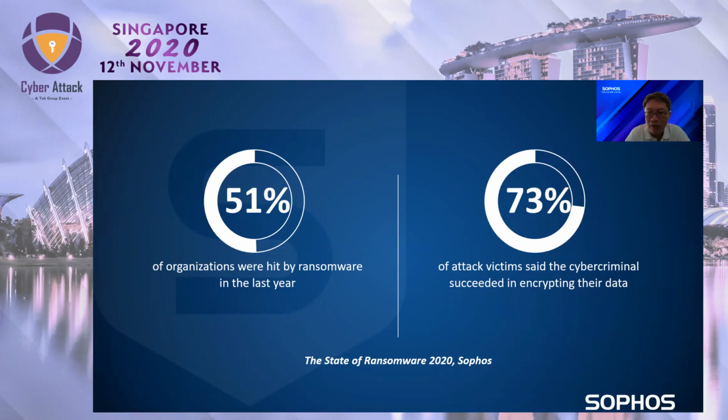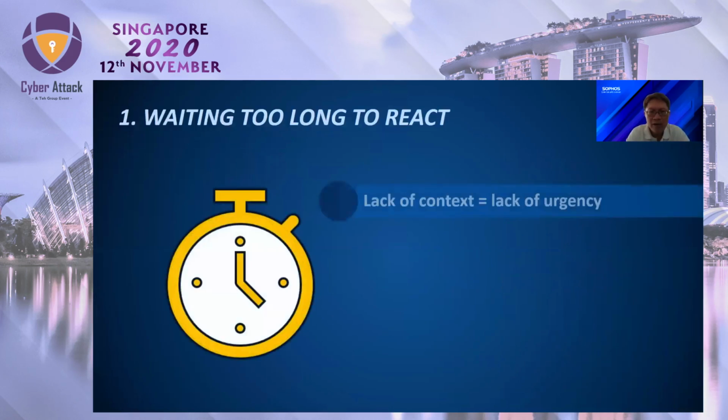Now let's look at the common cybersecurity incident challenges that many organizations are facing today. The first is what we call waiting too long to react. What do I mean by that? There are a couple of scenarios that we have seen for many of our customers. The first is what we call the lack of context or lack of urgency.